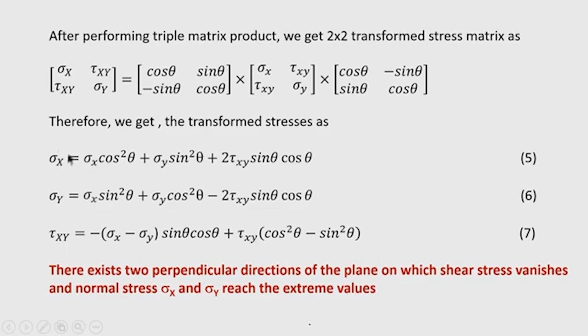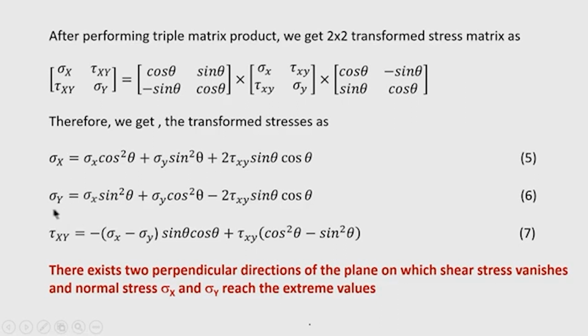The transformed quantities are: sigma capital X, with reference to the new axis, equals the original stress, that is the stress with reference to the original axis, sigma small x cos square theta plus sigma y sin square theta plus 2 tau x y sin theta cos theta.